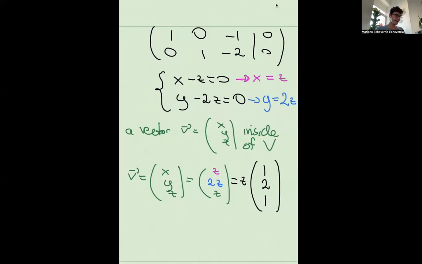So what this is saying is that any vector is really a multiple of the vector 1, 2, 1. In other words, the basis for this vector space is just that vector, which we can call v1.